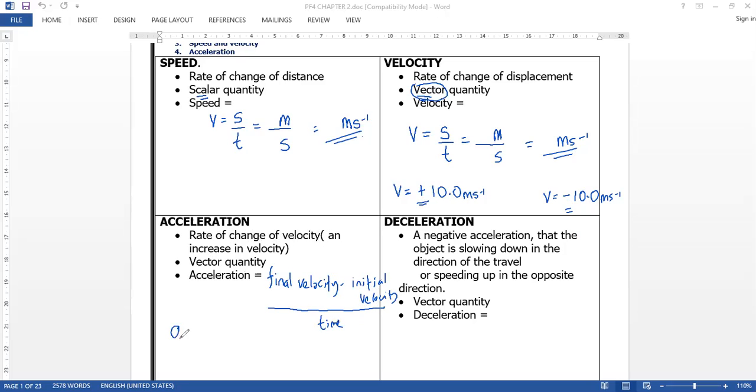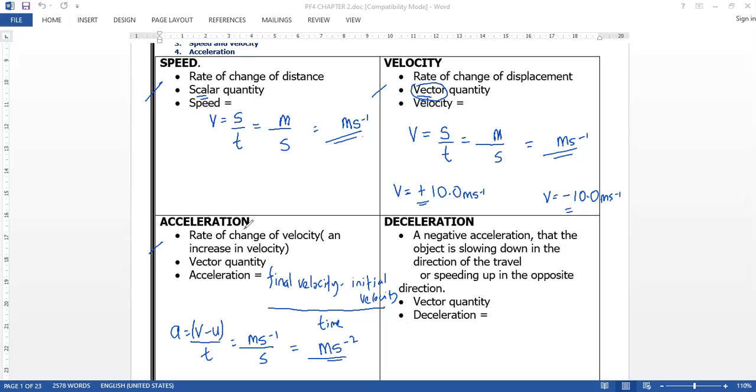So the formula is simple. a equals (v minus u) per t. The SI units here, velocity will be meter per second, time also second. So we will get meter per second square. This is acceleration, meter per second square. So speed done, velocity done, acceleration done.